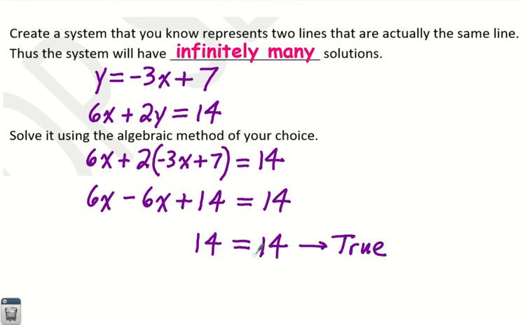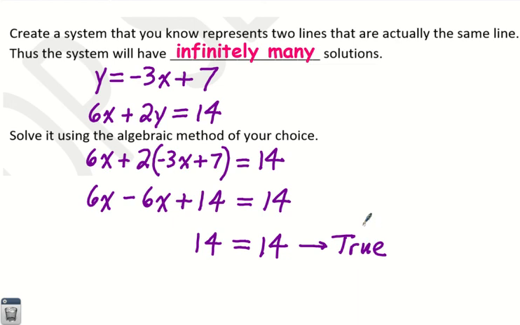Another common thing you end up with is 0 equals 0. I could actually take this one step further. What if I subtracted 14 from both sides? I'd end up with 0 equals 0, but that's also true. So it's the same thing, it's true.